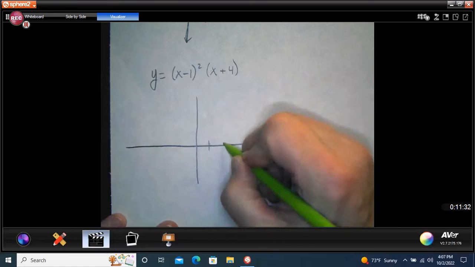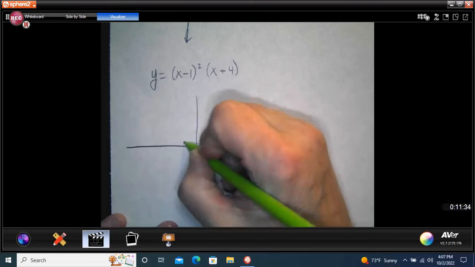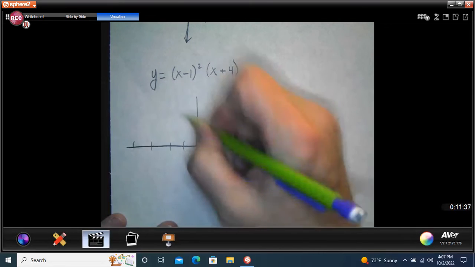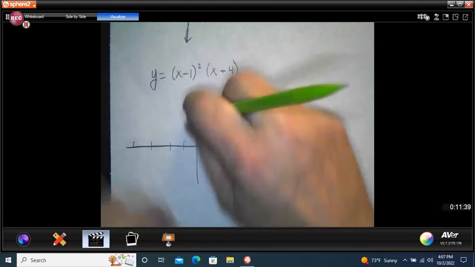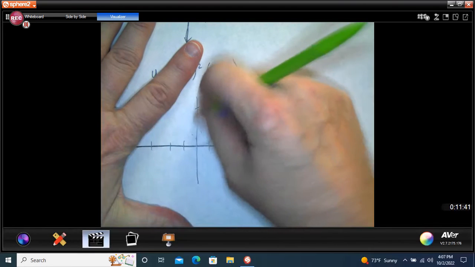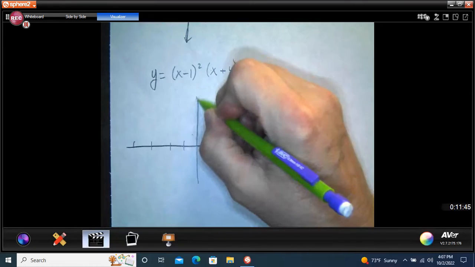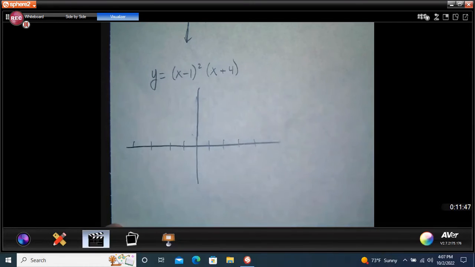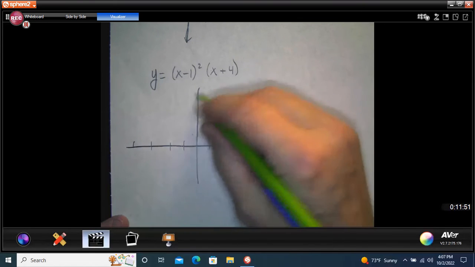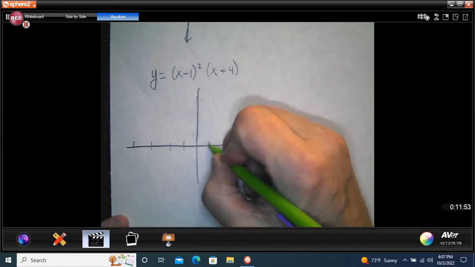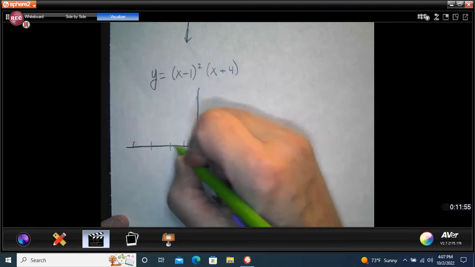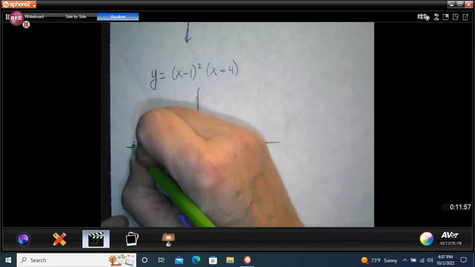So my zeros are at +1, and that's a double root, and -4, and that's a single root.